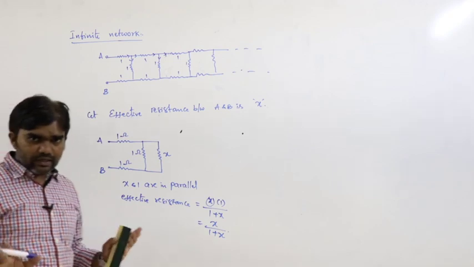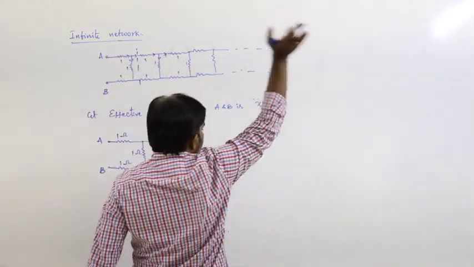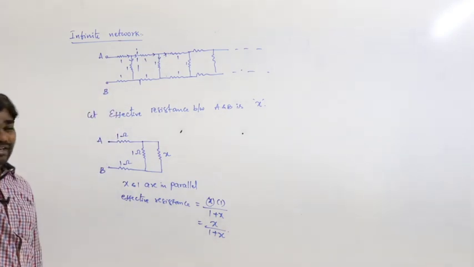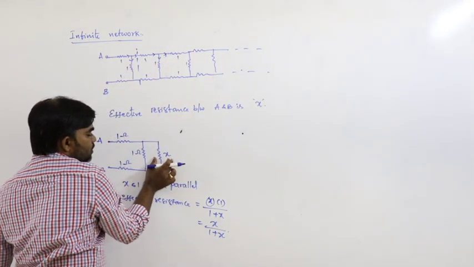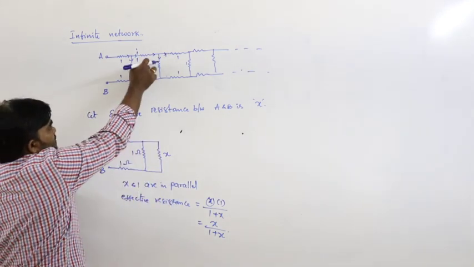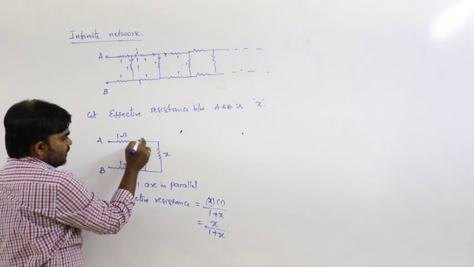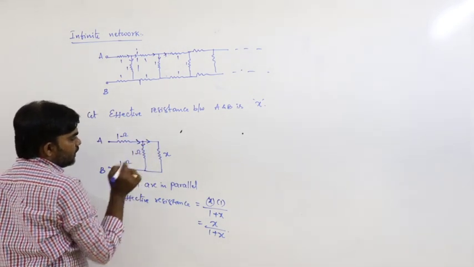So very clear here. Instead of all this, if you remove all that infinite network, I am considering it is just X. Here X and 1 are in parallel because here the current divides. At this junction definitely the current divides.